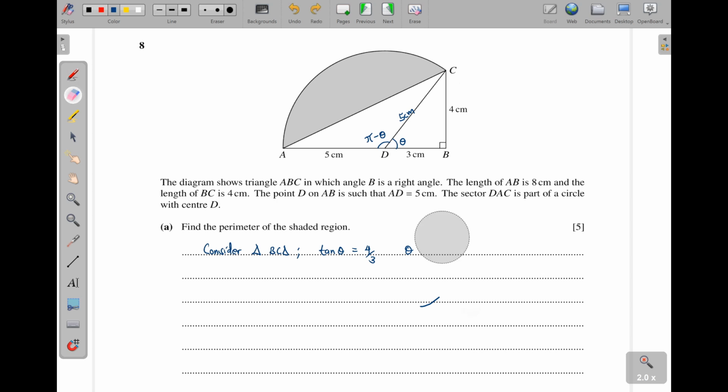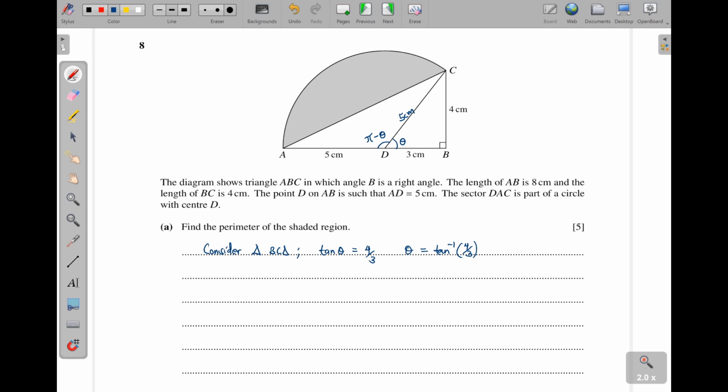So meaning theta is going to be equal to the arctan of 4 over 3. I'm going to leave it there. I usually use these exact values and then I round off at the end.